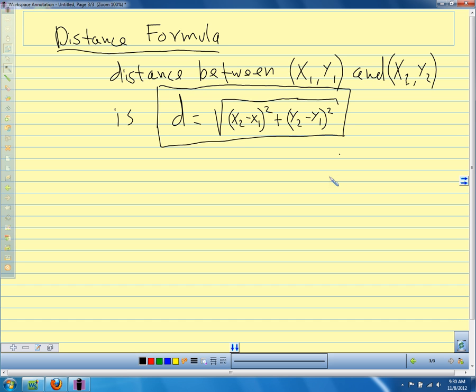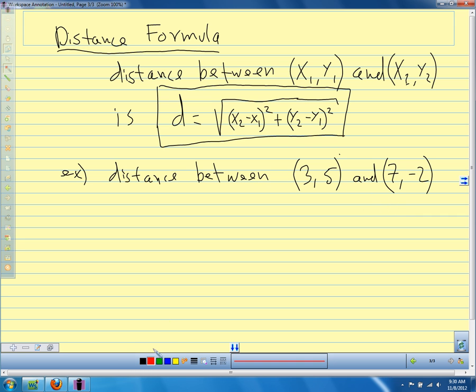Let's look at an example of calculating with the distance formula. So we want to find the distance between (3, 5) and (7, -2).